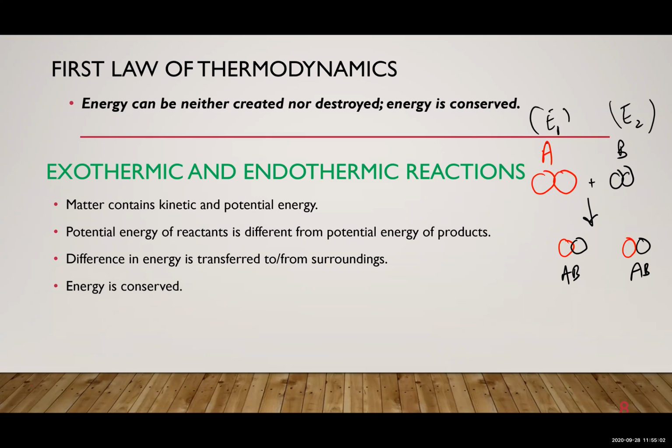Let's say A is a groom and B is a bride. The groom has $100, so E1 is 100. And B, the bride, also has $100. See, it's always good to consider energy as money. So when they pair up, what will be the energy or money after they pair up?